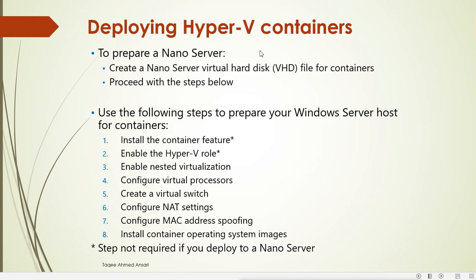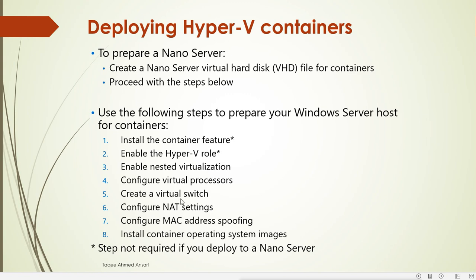Even if we do it for a Hyper-V container, that is if we want to install it on Hyper-V, we can also create the Nano Server image. If we create the Nano Server image, these steps are not required if we deploy to a Nano Server. These steps are installing the Hyper-V role, enabling nested virtualization, configuring the virtual processors, creating a virtual switch, configuring the NAT switch and NAT settings, and configuring MAC address spoofing.